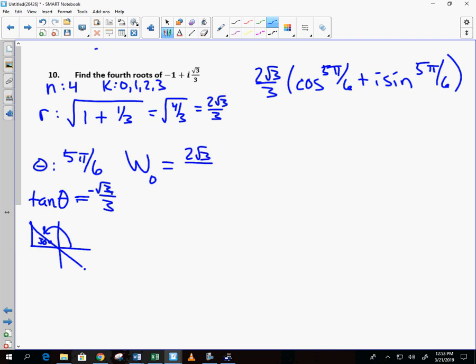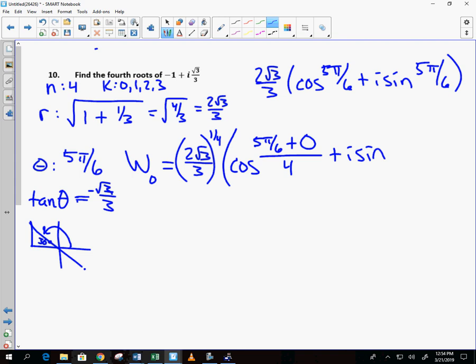2 roots of 3 over 3 to the... Can everybody understand that that's going to be a ridiculous looking number? We're not going to attempt to place this in the simplest radical form. We're going to convert it to a decimal eventually. You're going to see why with this. Now you get cosine of what? 5 pi over 6 plus 0 divided by 4.